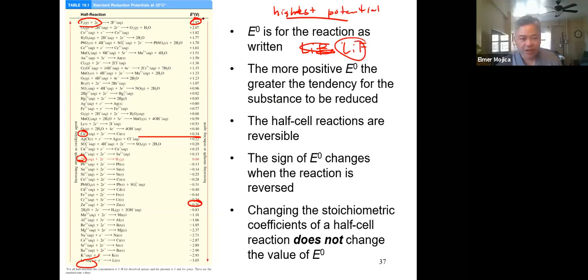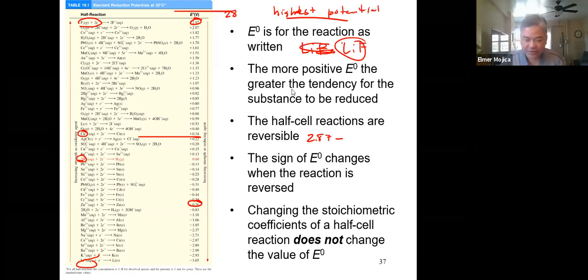Because if you're going to look at this, what do you have? So this is the cathode. So this is what? 2.87 minus the anode, which is, what do you get there in terms of the value? I cannot look at it now. What's the value that you have there for the lithium? Anyone? 3.05. So minus 3.05 minus minus 3.05.